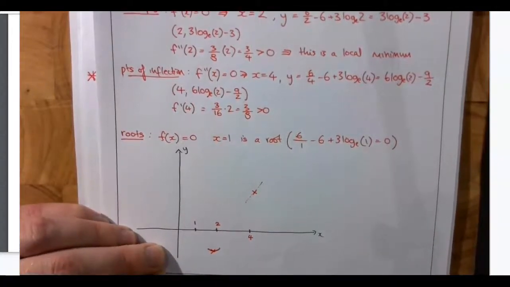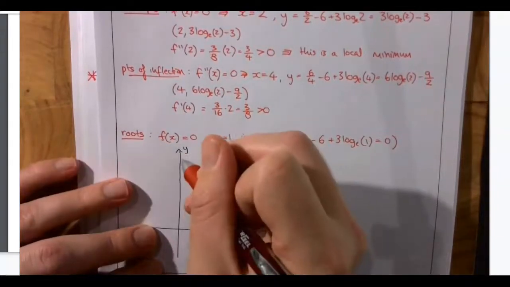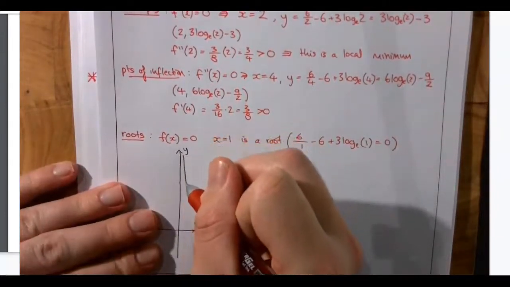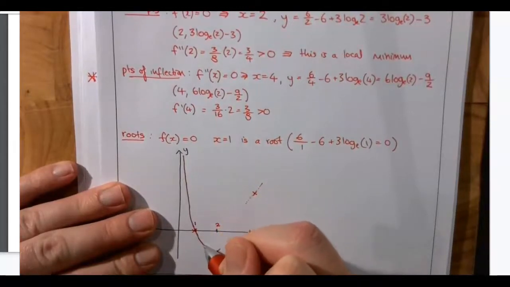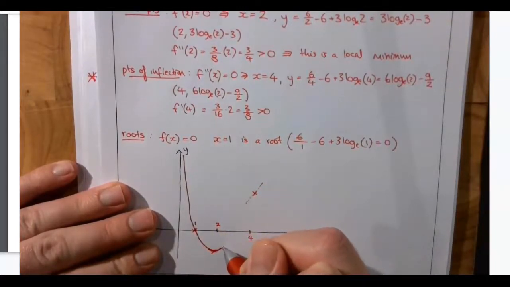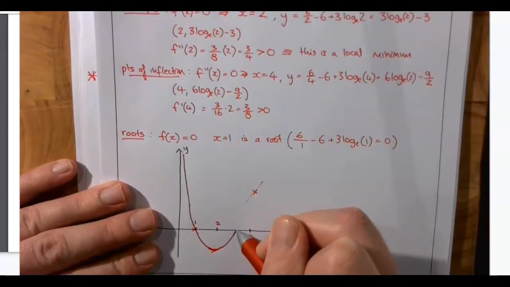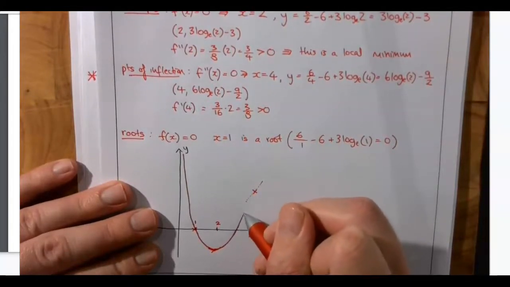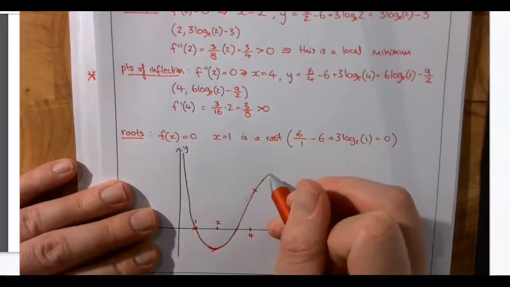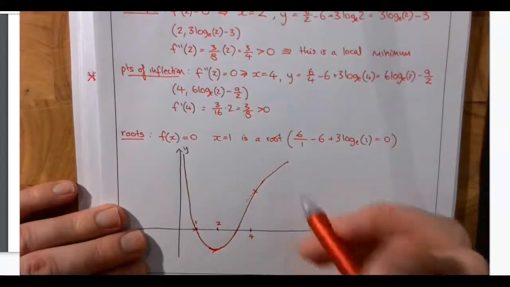And joining the dots, there's nothing really that can happen apart from a strong decline from this asymptote here, hitting the minimum, coming back up, and then we would have a second root, and that was difficult for us to identify, but a second root, and then a point of inflection up here.